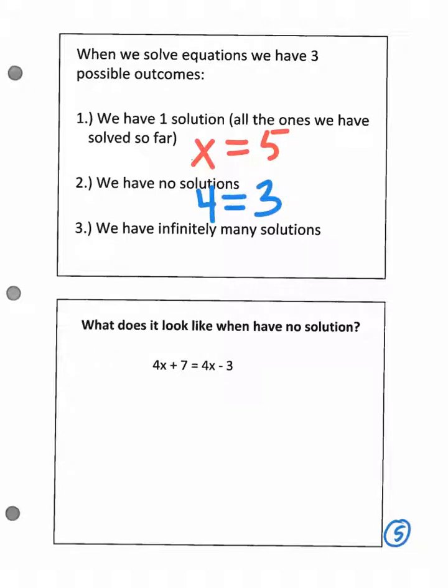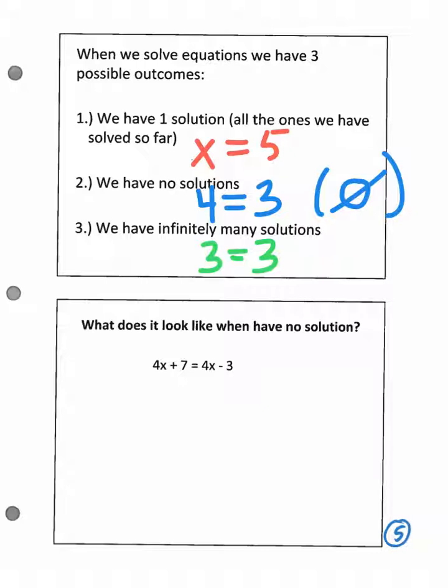That would make no sense. If it's no solutions, we can use this symbol, a circle with a line through it. And we could get infinitely many solutions if we have an equation like we had on the last page where 3 equals 3. That would mean we would have infinite solutions, unlimited solutions.